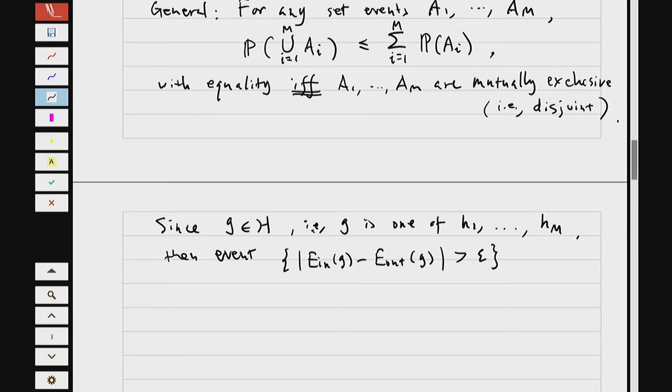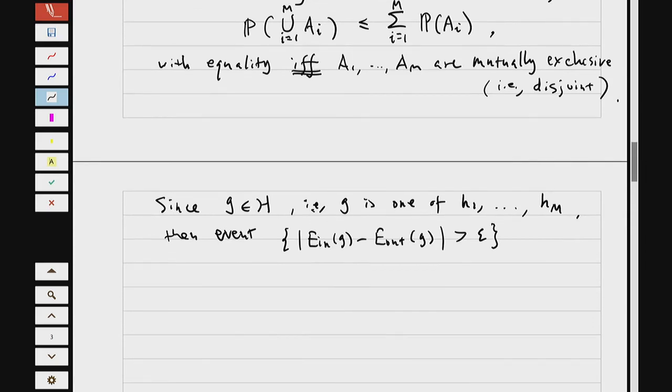Let's compare with this event that is the union together for all hi of E_in of hi minus E_out of hi greater than epsilon. I need to put curly brackets just to indicate this is the event.